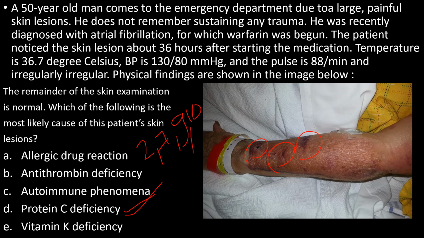Warfarin inhibits epoxide reductase, which is responsible for regenerating or activating vitamin K. Thereby, it leads to decreased levels of these proteins. Factor 7 and protein C are depleted first due to their shorter half-life.